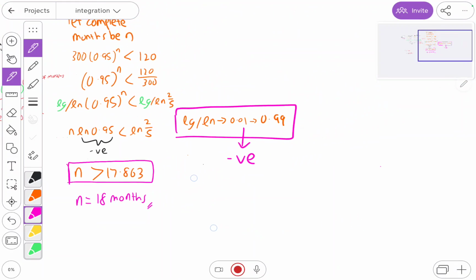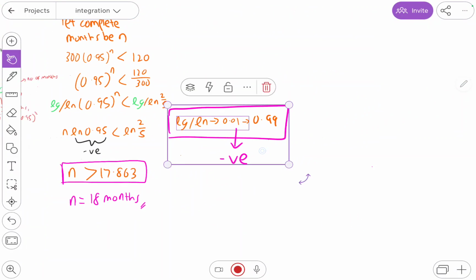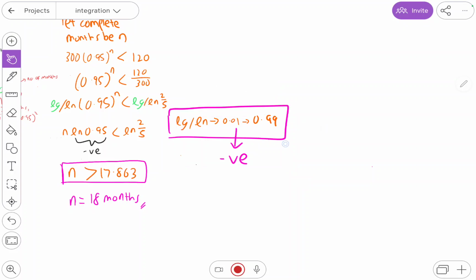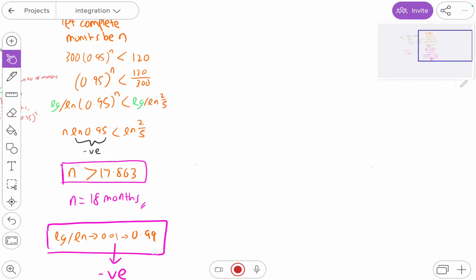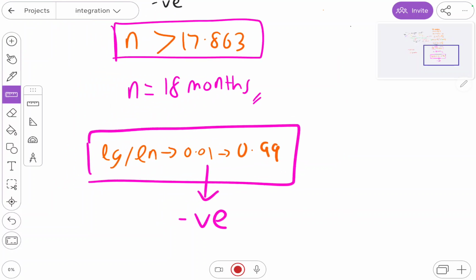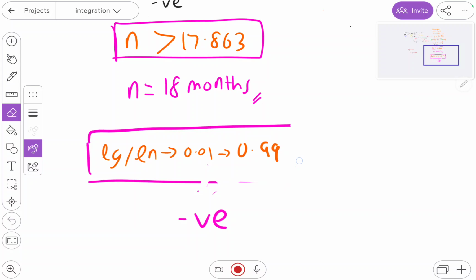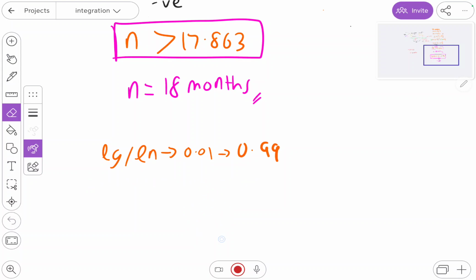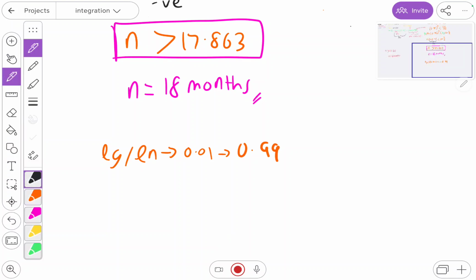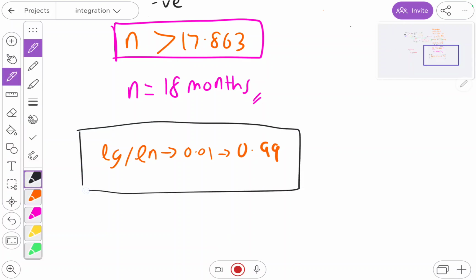Alright, so now this is a note that I want you guys to take note of so that you will not get killed in the exams. I box it out in black. Whenever you log or ln a number, it is always between these numbers, just remember, decimals like 0.01.